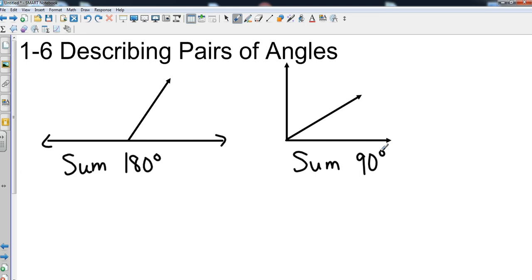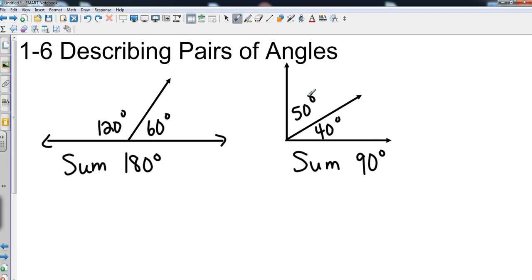So if we took a look at some examples, just basic. If this is 120 degrees, then this angle has to be 60 degrees. If this angle is 40 degrees, then this angle has to be 50 degrees. And those are our two first pairs.